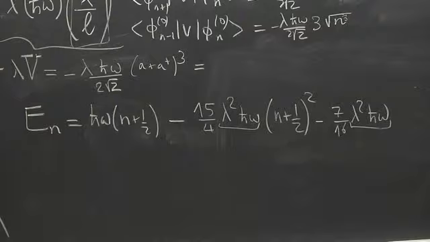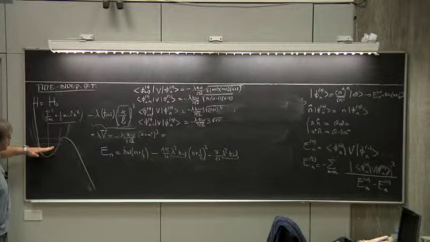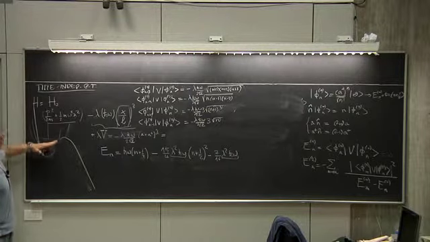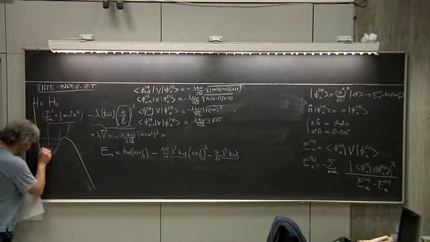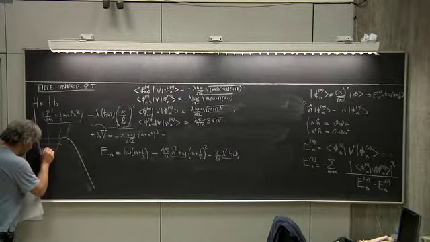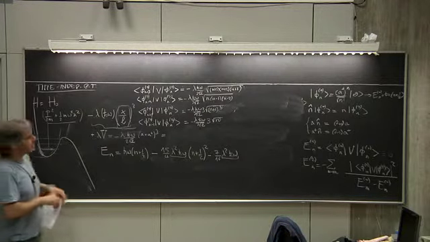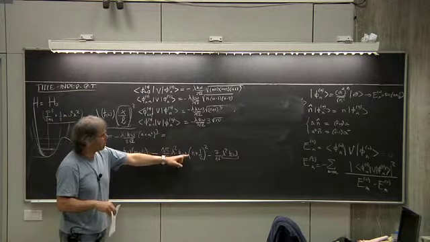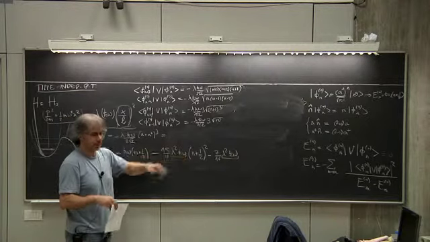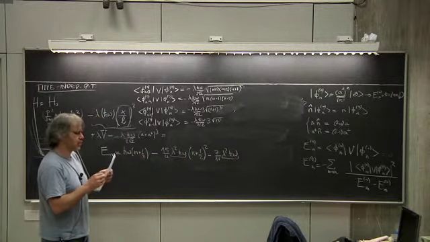So you see immediately a couple of things. First of all, given n, the perturbation tends to lower a little bit the energy from the unperturbed one, all of them. In particular, it lowers more as you increase n.